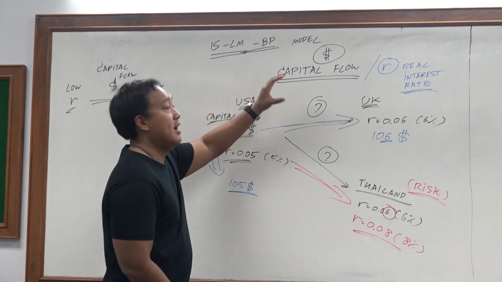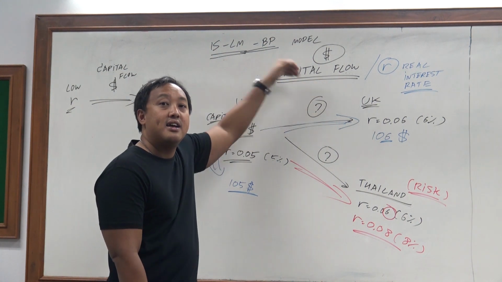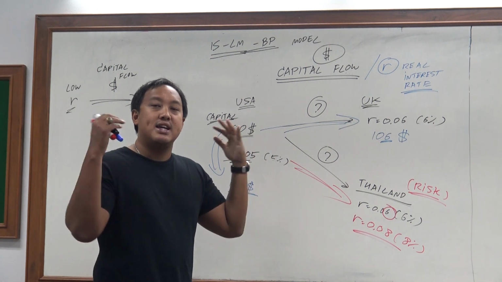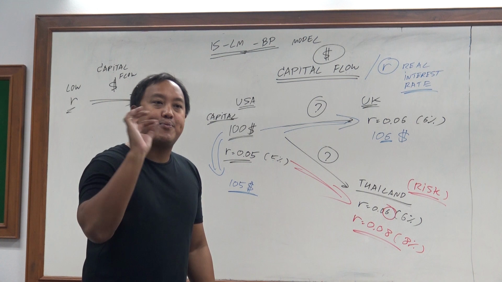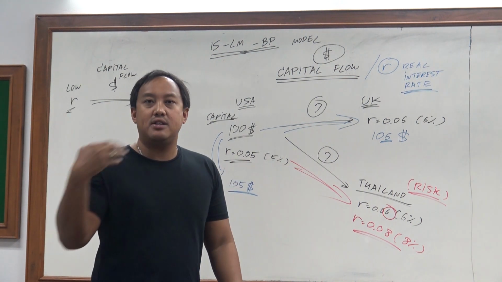So you can see that for big, safe countries like UK, USA, Japan, Germany, only a small gap in the real interest rate is needed for the money to move from one to the other.